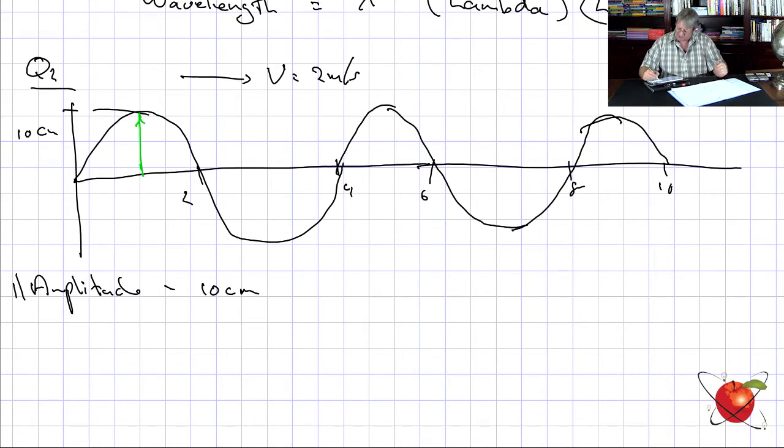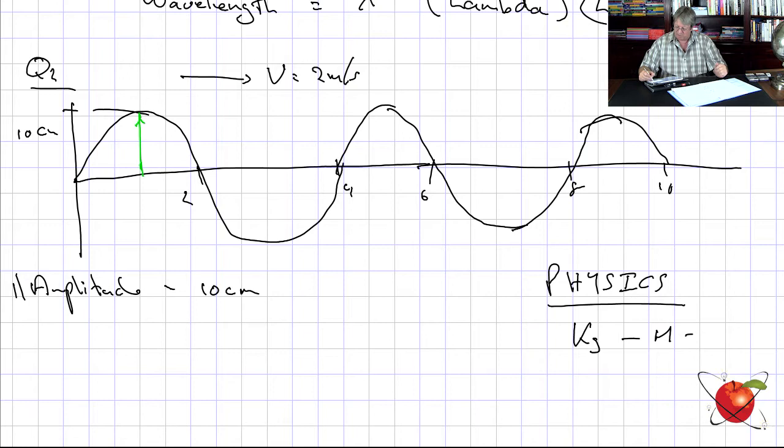But in physics, we go everything kilograms, meters, and seconds. 10 centimeters doesn't fall into that. It's not meters, so we have to convert first of all. Guys, it is critical when you get the information and you write it down, convert the things into kilograms, meters, and seconds.